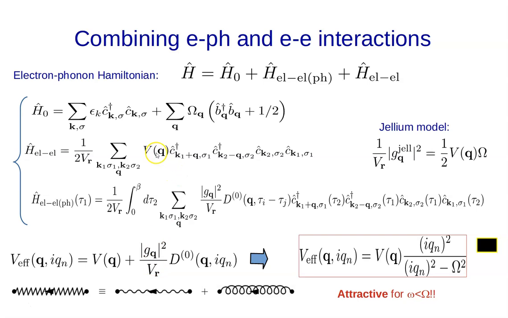So if I combine now, say that I write this one also in the interaction picture so that it becomes time dependent, and what I have is to sum these two Hamiltonians, I would get a very similar structure in terms of the operators, right?